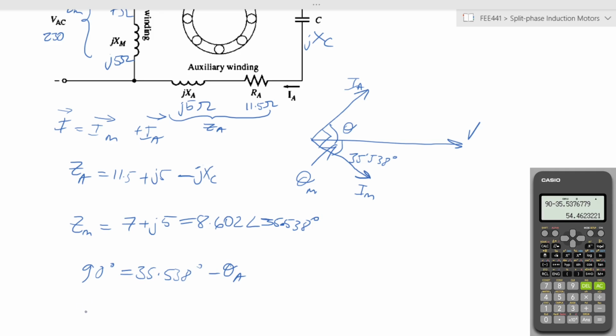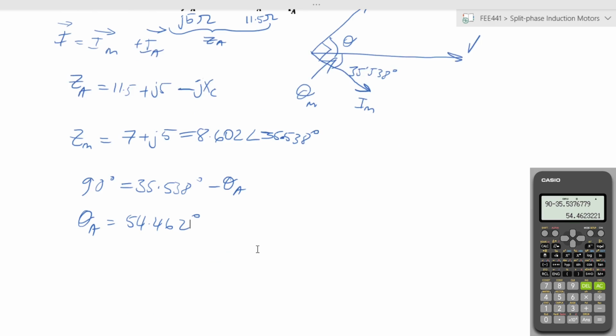Therefore, theta A is equal to 54.462. Za is equal to 11.5 plus j5 minus Xc.